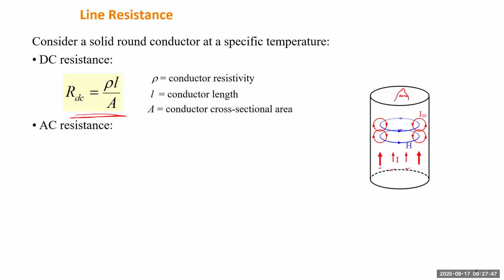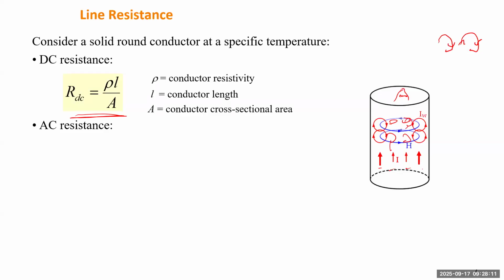And the magnetic field H is also alternating, so that will create eddy currents. So you have a lot of eddy currents everywhere inside the conductor. And eddy currents inside the conductor tend to cancel each other. Because if you have one eddy current, you will have another eddy current this way.